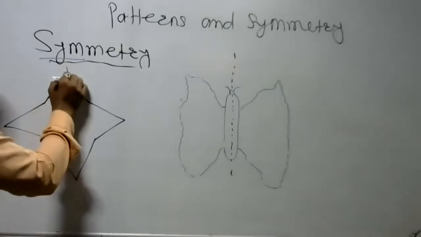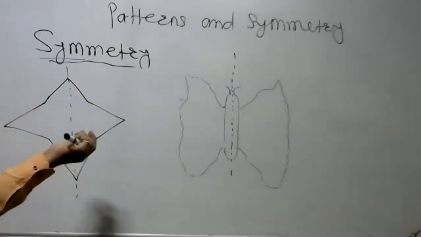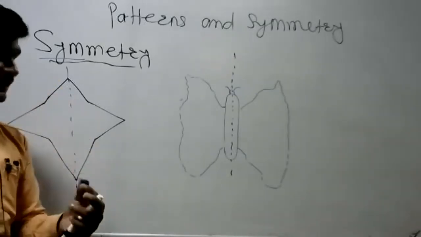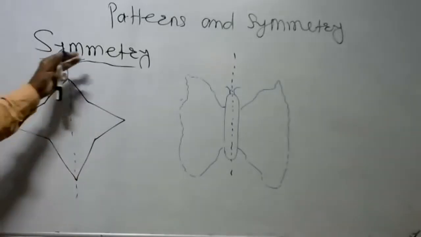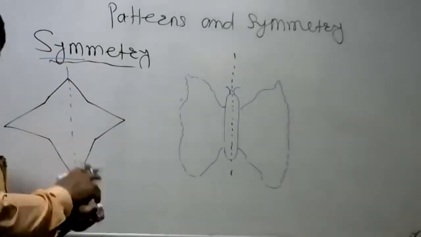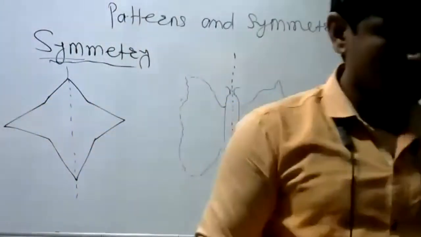If you divide this star, it will also divide into how many parts? Two parts. Correct. This is also a symmetric diagram. Means it will be the same regarding this object. Okay.